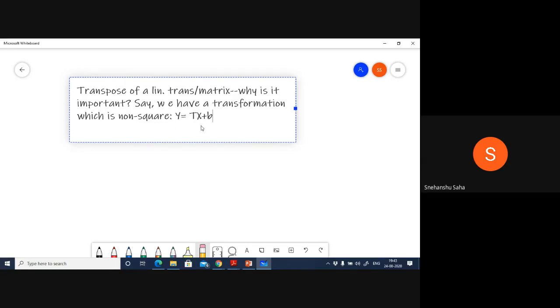Your y's are known, your b's are known, and you just need to figure out the inverse of the matrix T. You still need to compute the matrix T. So the thing is that T is non-square. This T guy is non-square. And I still need to deal with it. So what do I do?